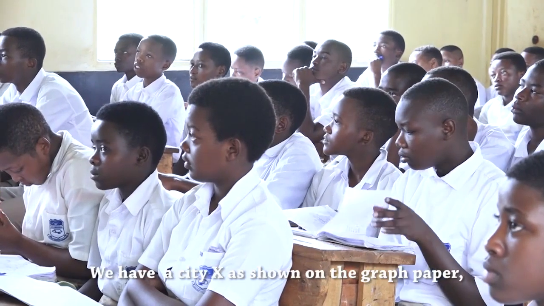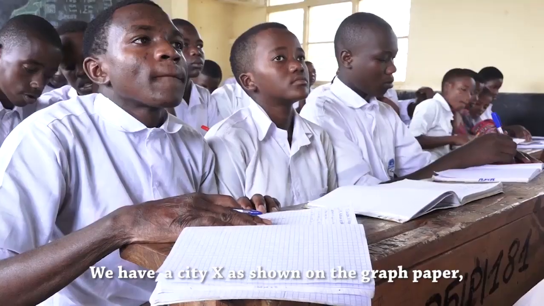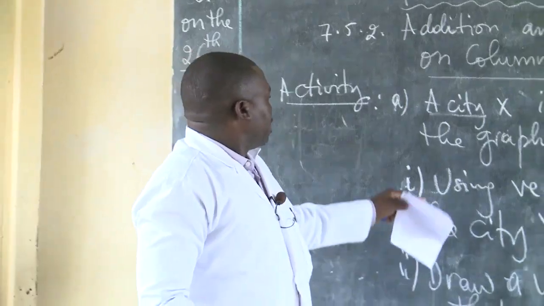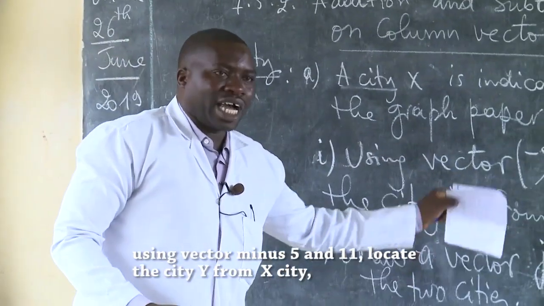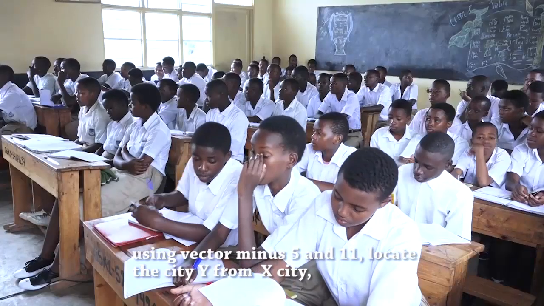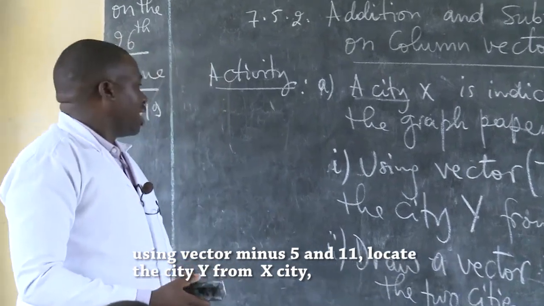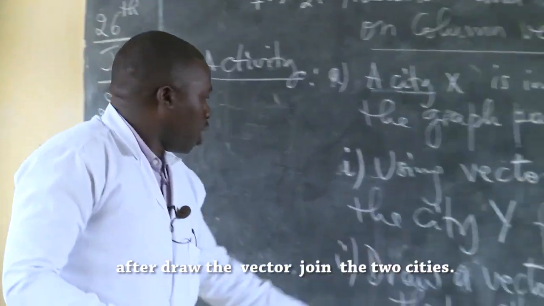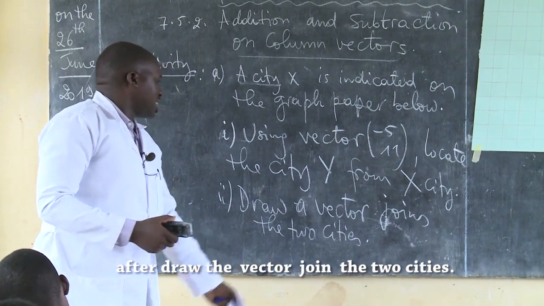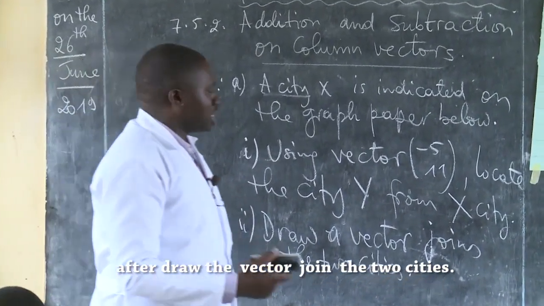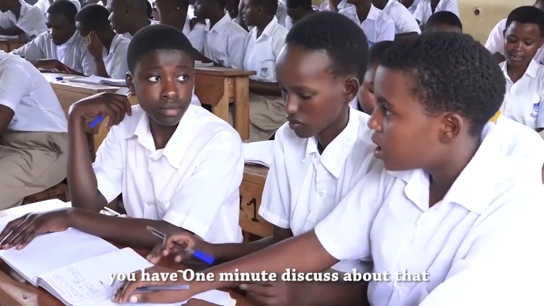Here we have a city X as shown on the graph paper. Using the vector minus 5 and 11, locate the city Y from city X. After, draw a vector joining the two cities. Okay? Only 1 minute.